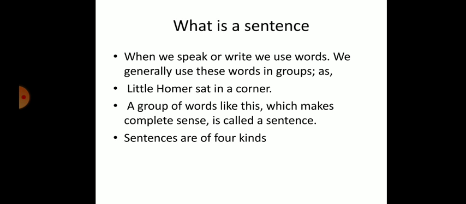These two things are necessary conditions to make a group of words a sentence. If some group of words is not communicating the full meaning or full sense, it cannot be called a sentence. And the minimum sentence can be a verb. For example, you say to somebody, go, bring.